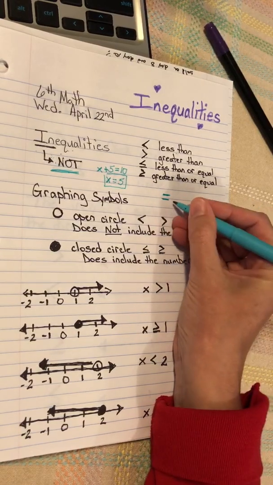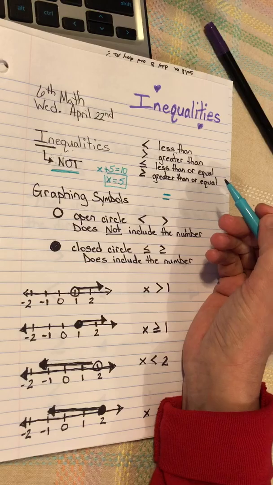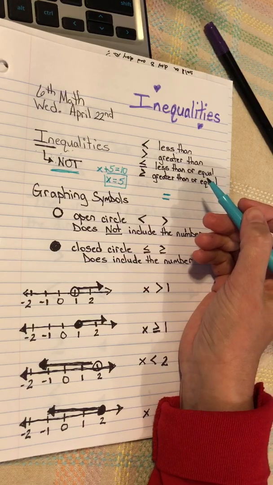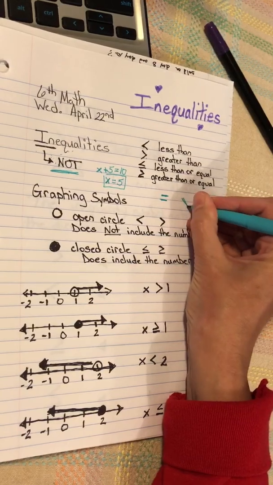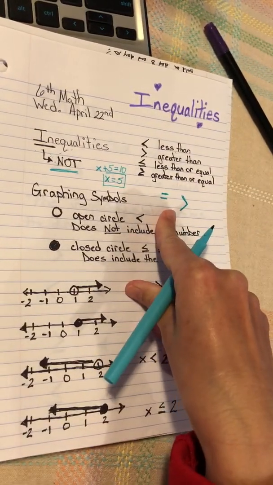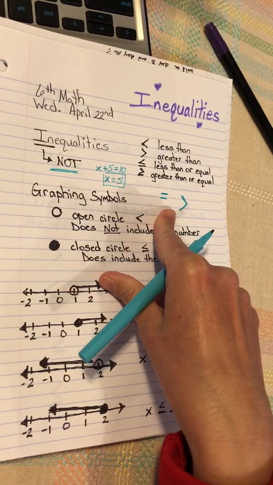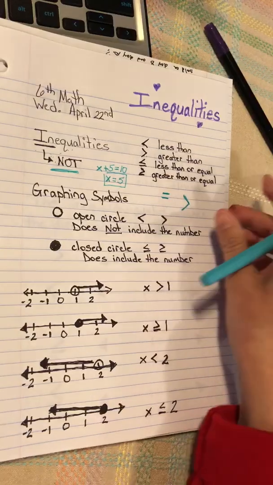It's like they took one part of the equal sign and stuck it onto the less than or greater than symbol. Remember with the inequality symbol, the mouth is always facing the larger value. You learned that when you were much younger.